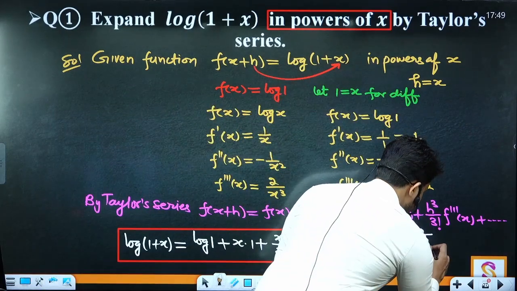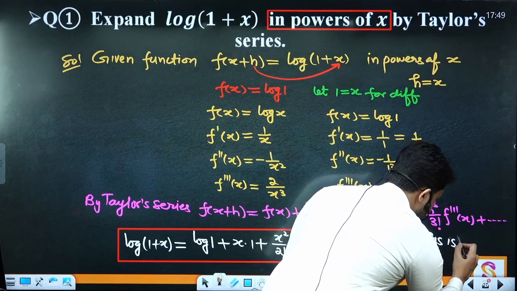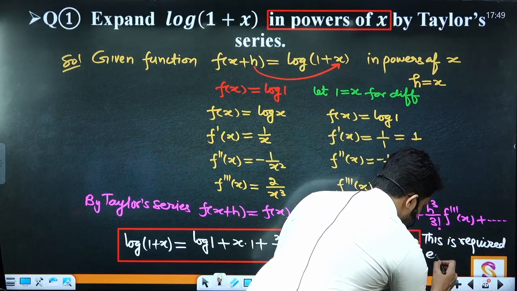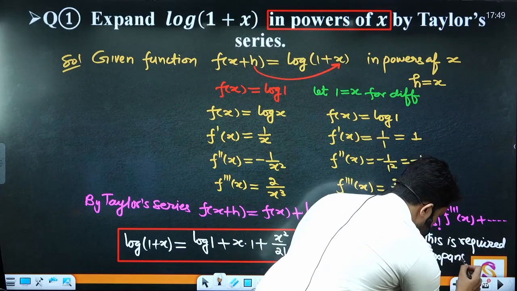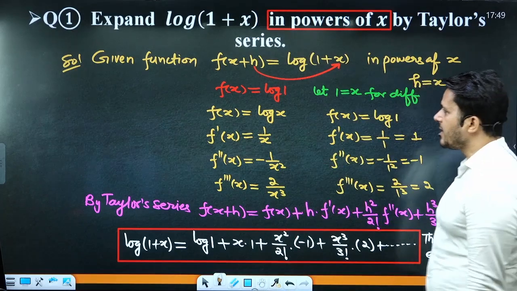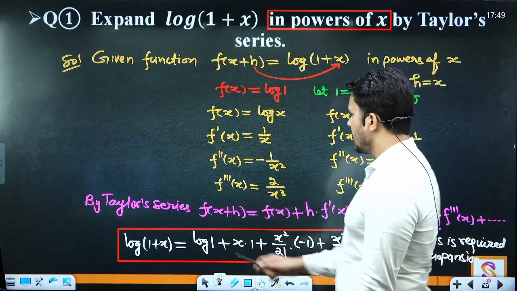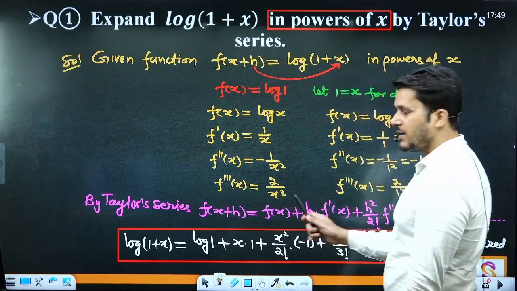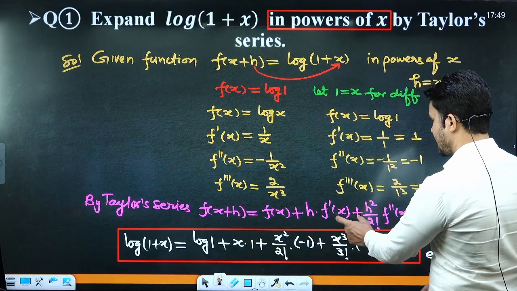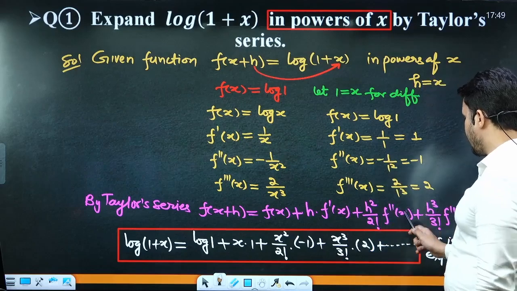So this is required expansion, ठीक है, this is required expansion. So in this way by Taylor series you will write the value of f(x plus h) equal to f(x), h into f dash x, h square upon 2 factorial f double dash, h cube upon 3 factorial f triple dash x and so on.